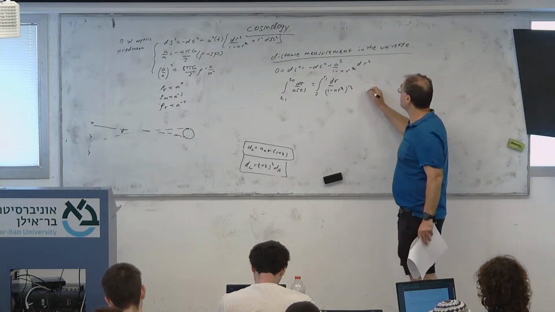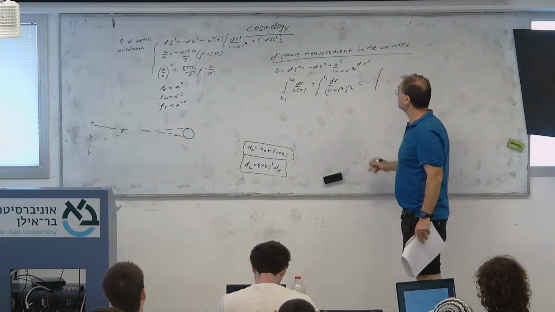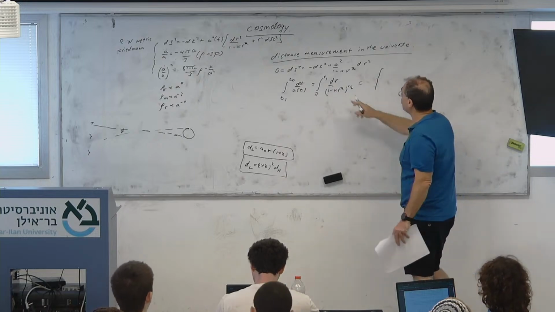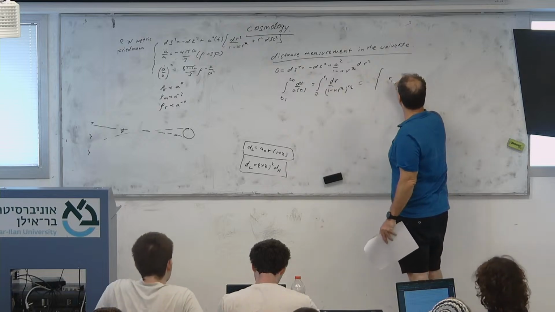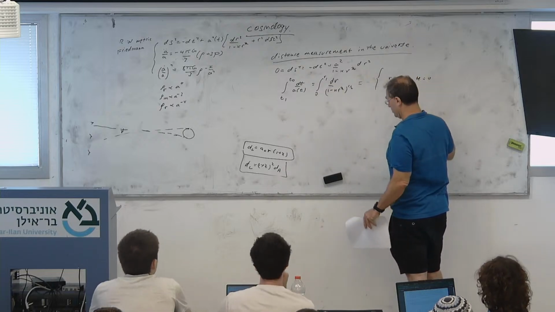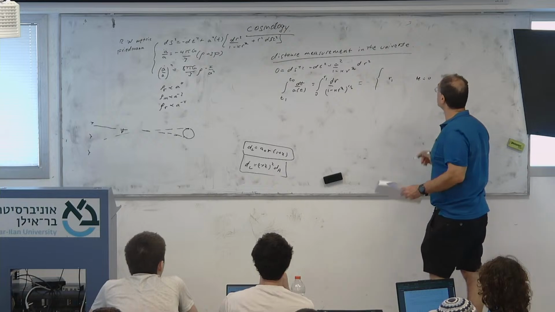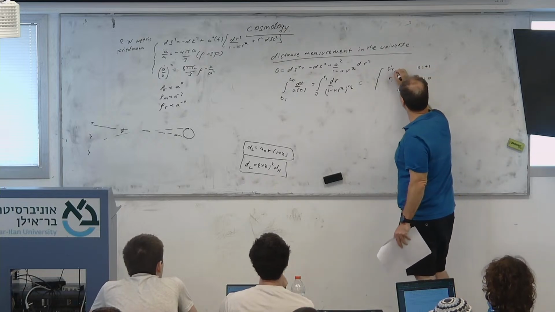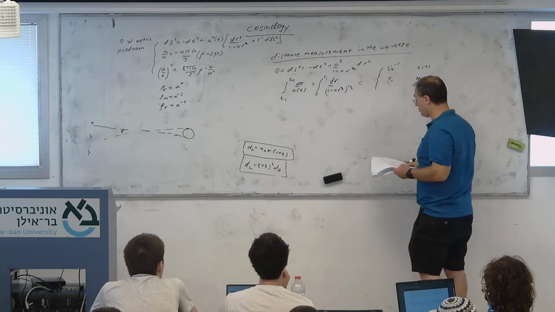But this is something which you can solve immediately. If k is equal to 0, what do we get? Just r, right? R1 for k equal to 0. If k is plus 1, arc sine, sine to the minus 1 of R1.